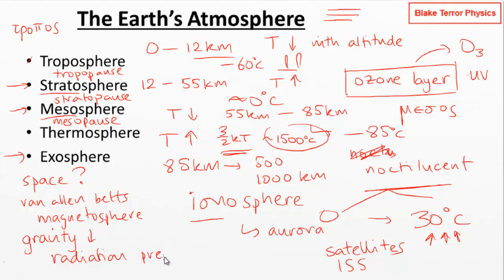Because if these things start becoming equivalent, and they're very similar in magnitude, well, there doesn't seem to be any reason to prioritize the Earth over being in space or the sun. I mean, that's where the radiation pressure is coming from. So if the force due to gravity is no longer primary at a particular point, then you could argue, well, we're not in the Earth's atmosphere anymore. But it's a bit of an open question where the exosphere actually ends.